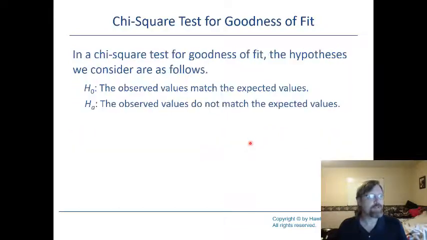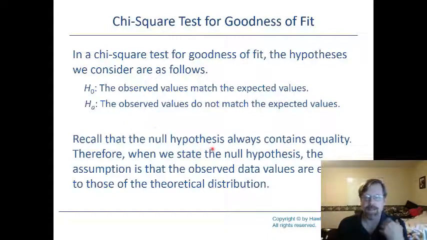For goodness of fit, our hypotheses are: the null hypothesis is that our observations match what we expect to see in theory. The alternative is that they don't match. Since the null hypothesis always contains equality, the assumption is the data values are equal to the theoretical distribution.